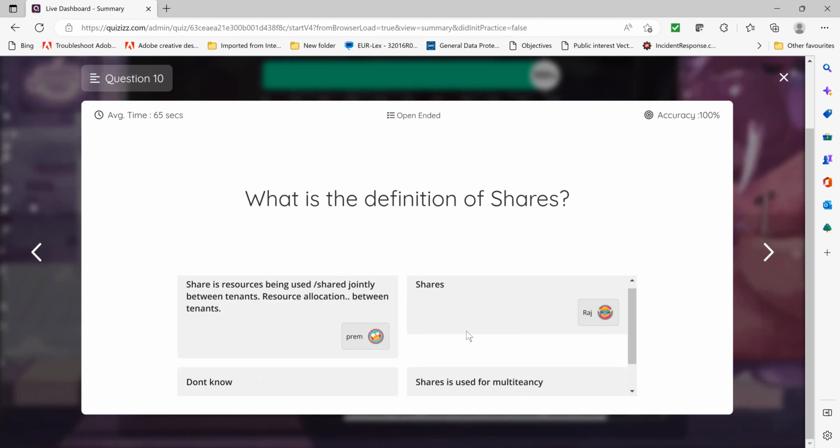When you have two users who want to lease a specific resource and both of them require it at the same time, which one will get it depends upon the share. The one which has the higher priority will be able to get it rather than the other one.